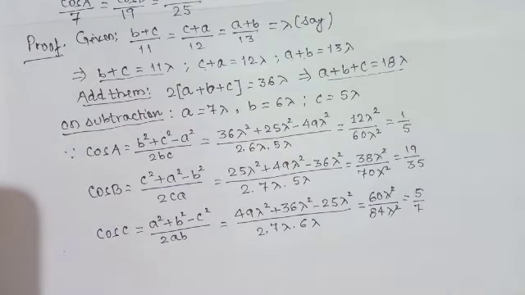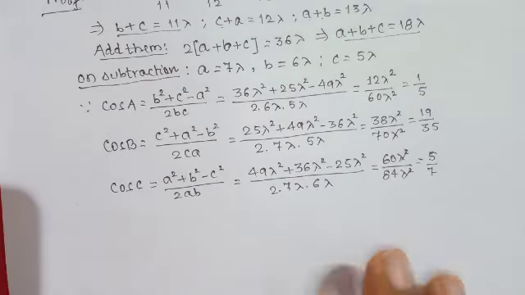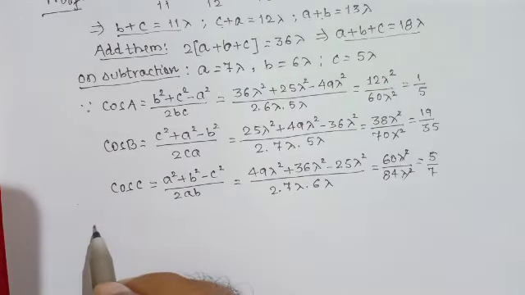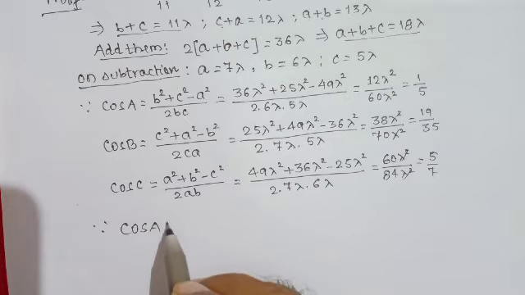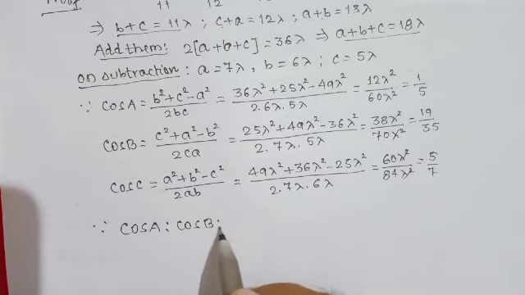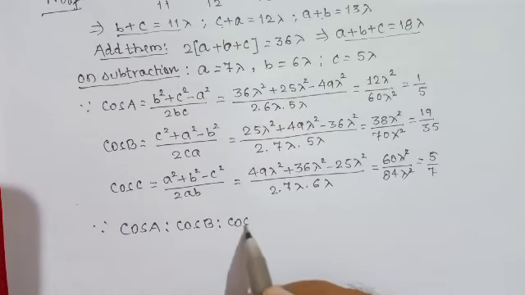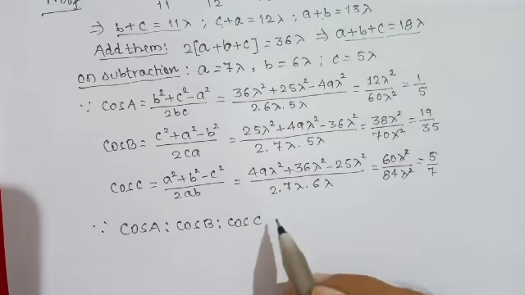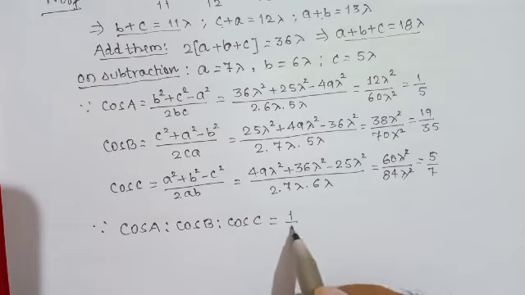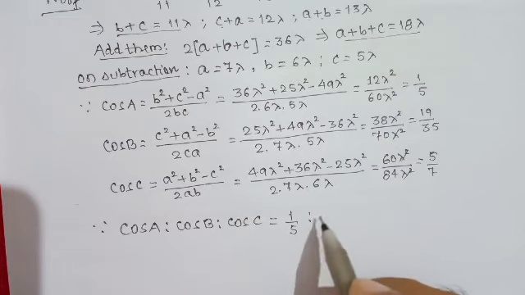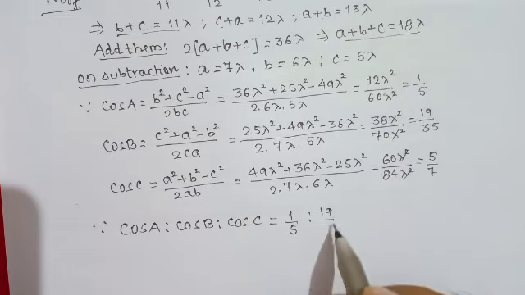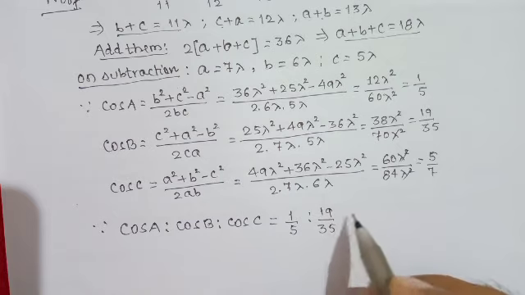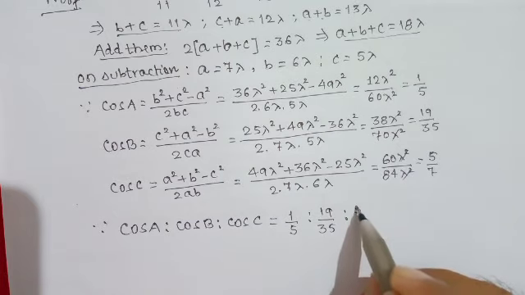Now take out a ratio. Since we have cos A ratio to cos B and ratio to cos C, that should be equal to 1 upon 5 is to 19 upon 35 is to 5 upon 7.